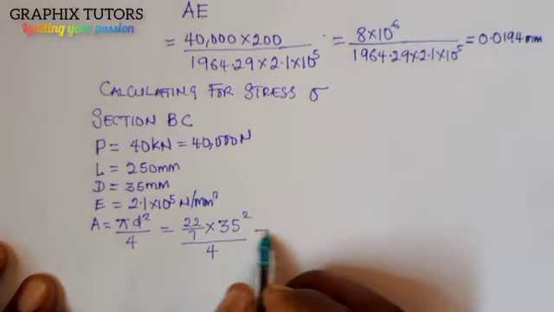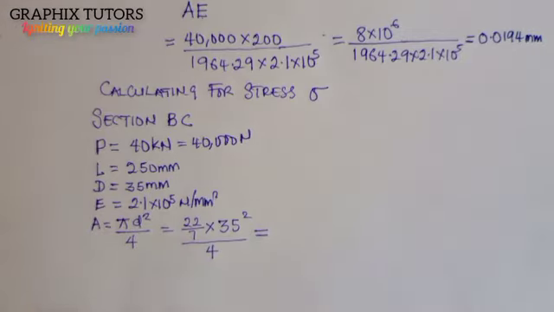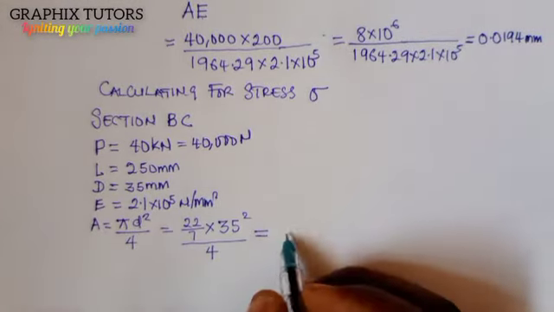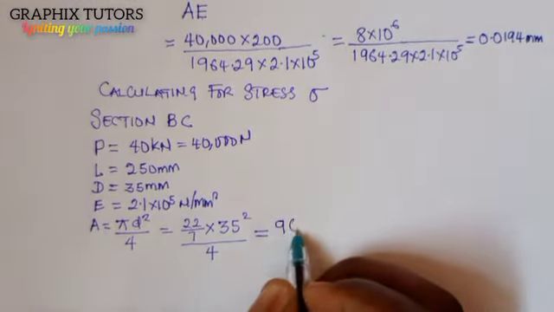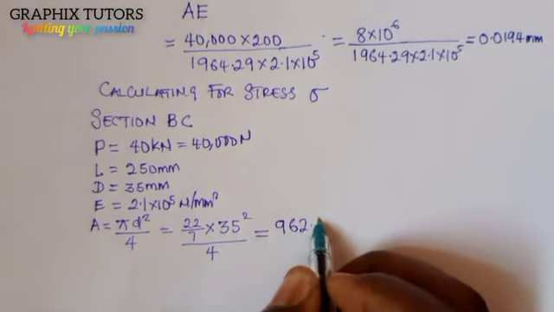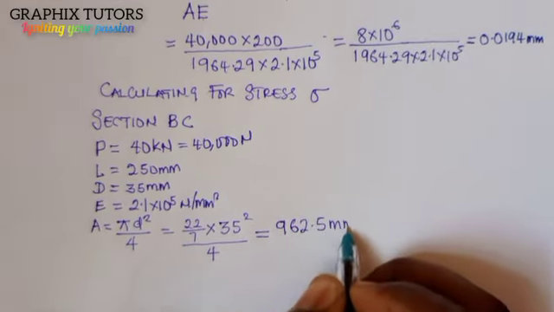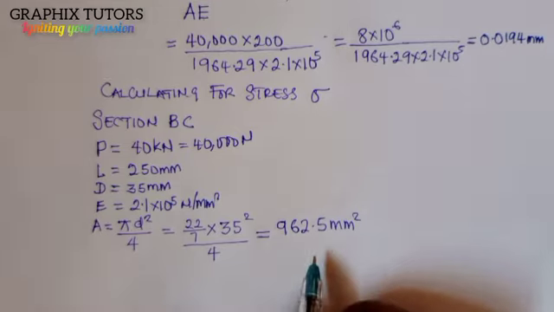So if I input this, my area here will be giving us 962.5 millimeter square. This is the area, right?